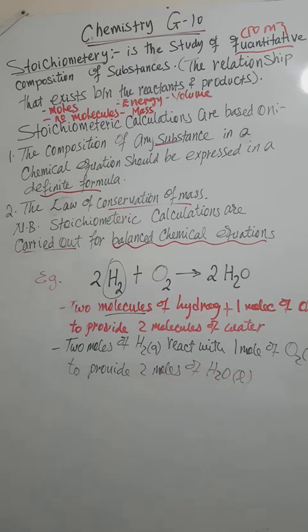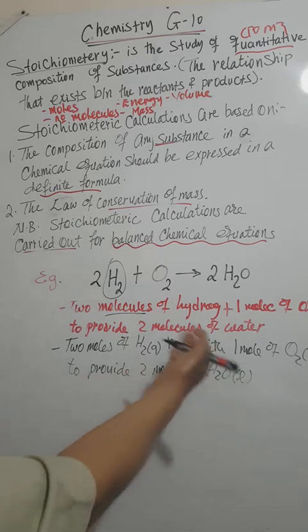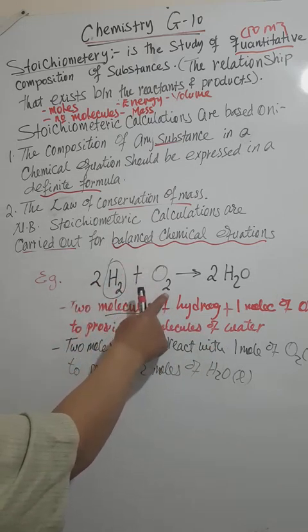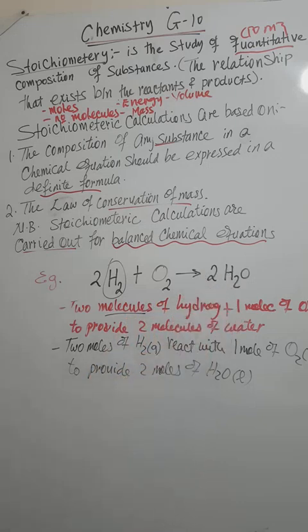So stoichiometrically, 2 moles of hydrogen gas react with 1 mole of oxygen gas to provide 2 molecules of liquid water or 2 moles of gaseous water.